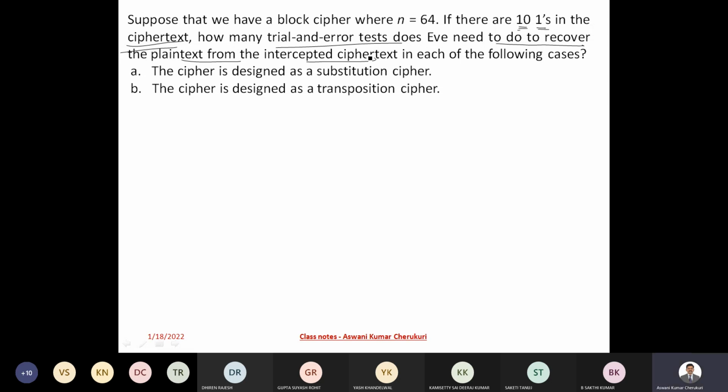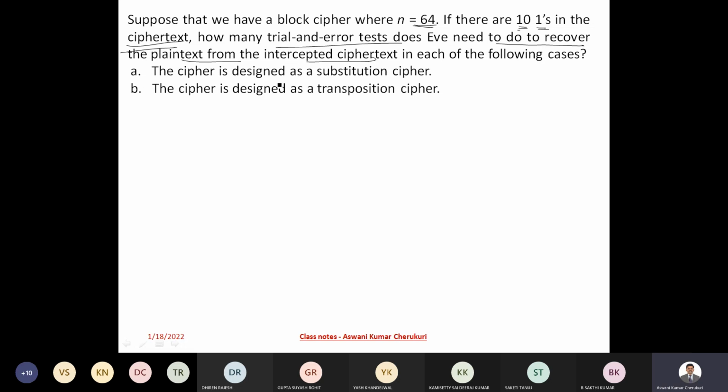So you have a plain text of length 64 bits. When you took the ciphertext, you saw there are 10 ones in it.